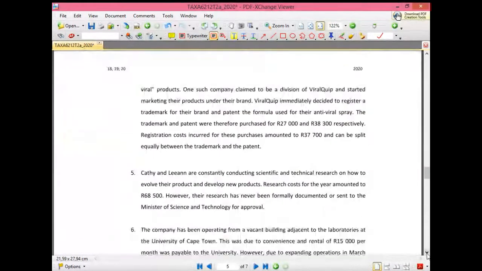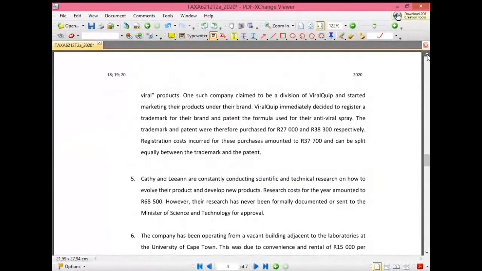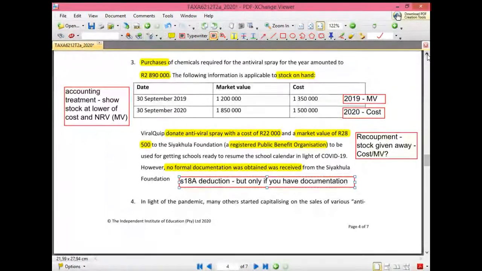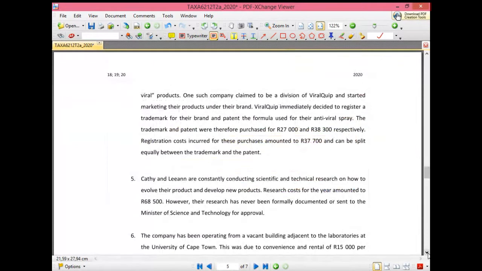Okay, so let's go on with point 4. In light of the pandemic, many others started capitalizing on the sales of various antiviral products. One such company claimed to be a division of ViralQuip and started marketing their products under their brand. ViralQuip immediately decided to register a trademark.